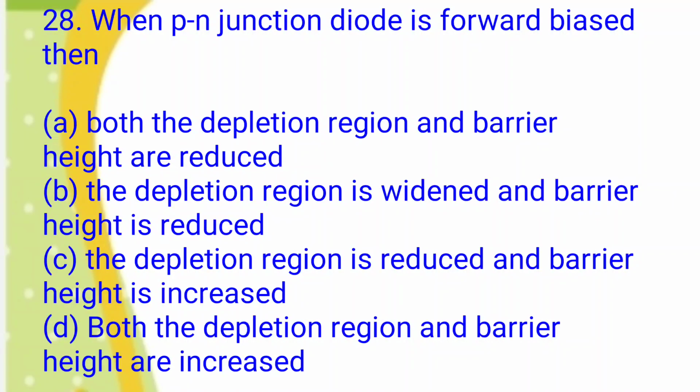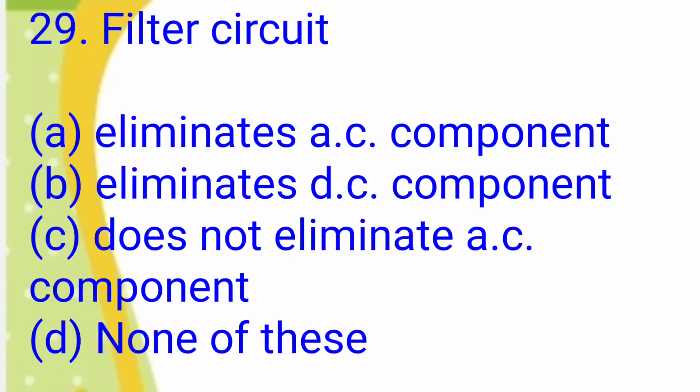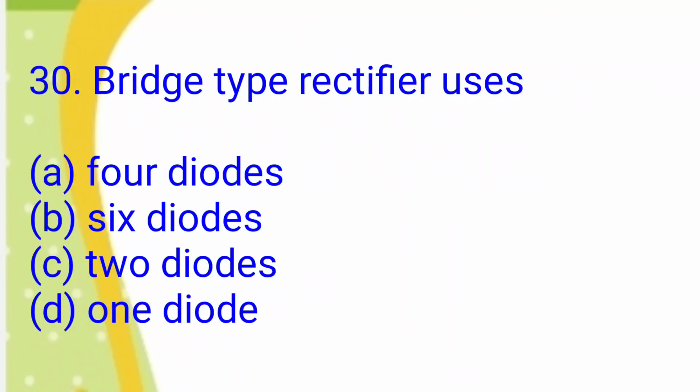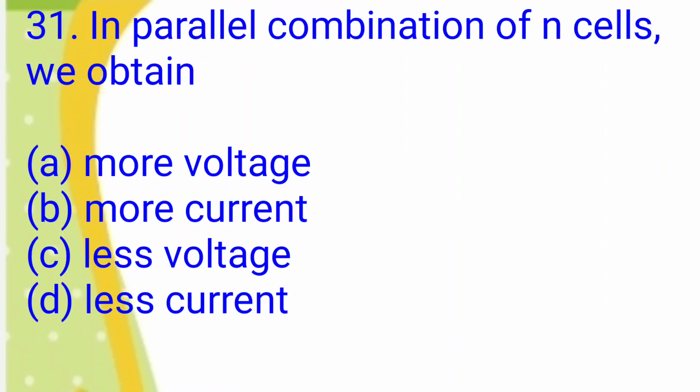When a PN junction diode is forward biased, then both the depletion region and the barrier heights are reduced. Filter circuit eliminates the AC component. Bridge type rectifier uses 4 diodes.